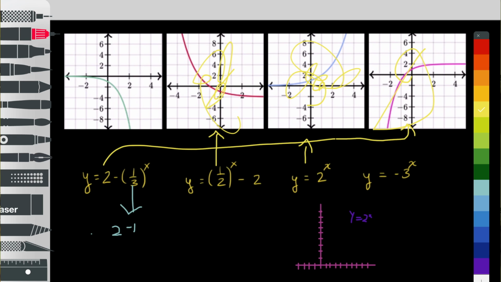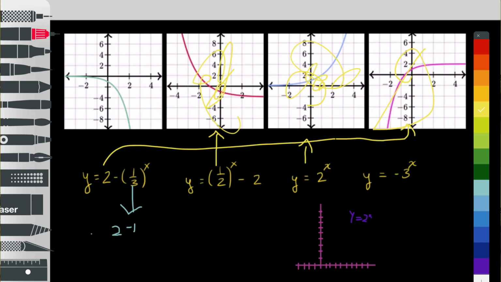So you have to be careful here, because does it mean (-3) to the x power, or does it mean 3 to the x power with a negative sign? Is it with brackets, (-3) to the x?